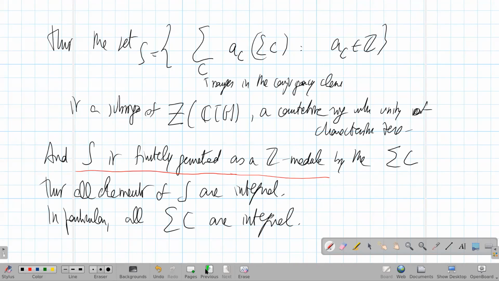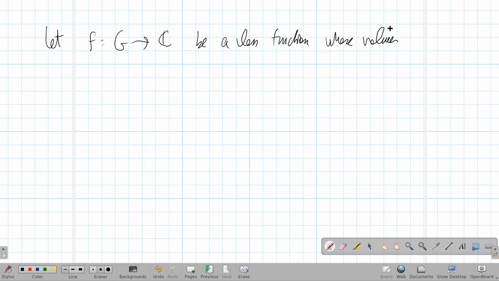Good. And why is this important? Well, because now consider the following. Let f from G to C be a class function whose values are algebraic integers.